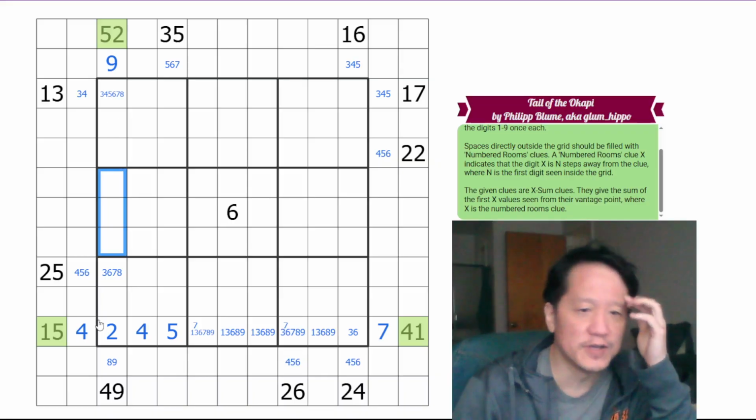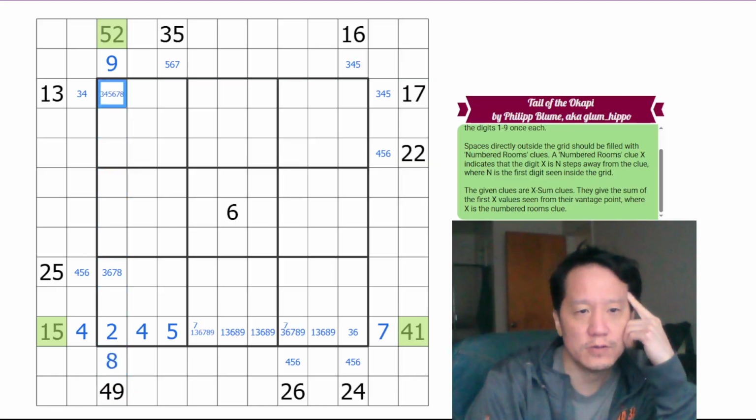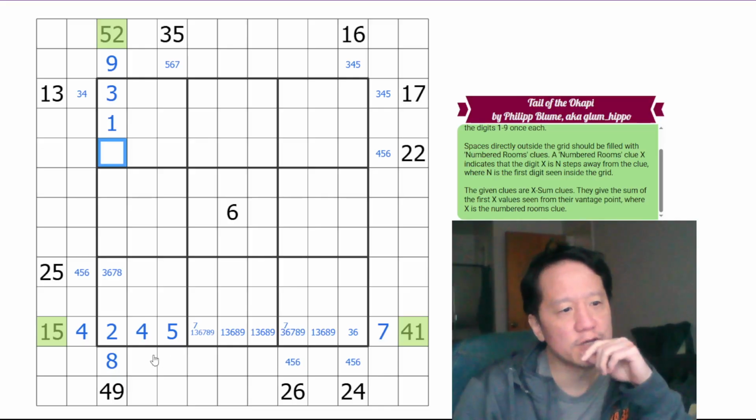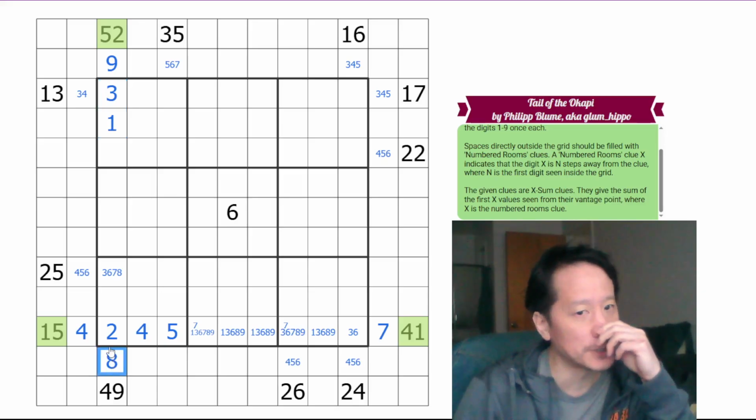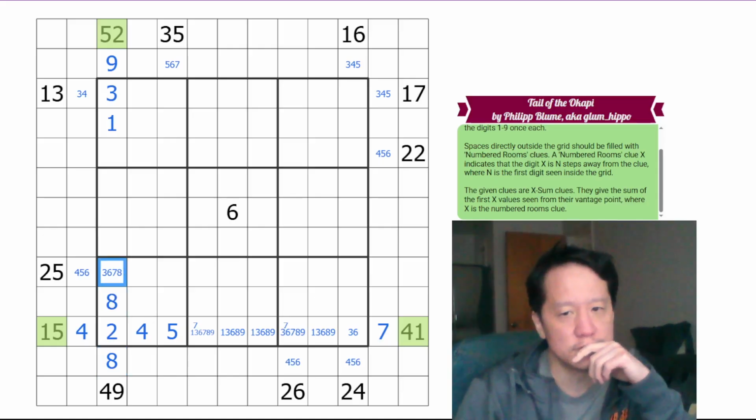So what happens if that's the case? Okay, let's go down that path. So we have 8 there. That means it's missing 3 and 1 there. Because 45 minus 4 is 41 plus 8 is 49. So 8 has to be in the second spot. So this would be 8.